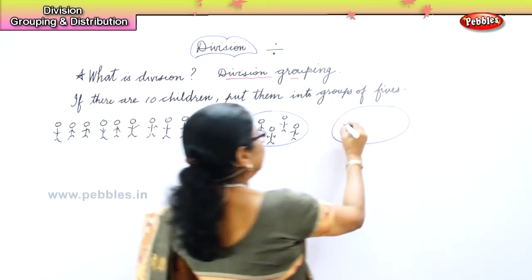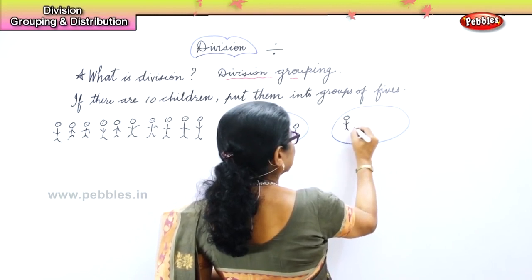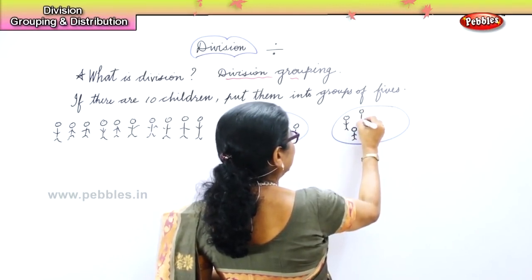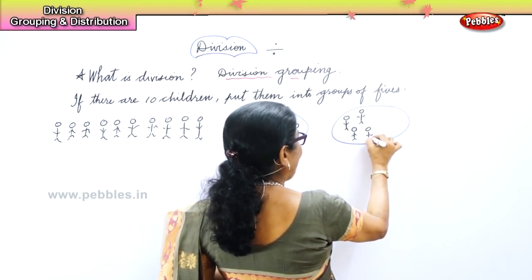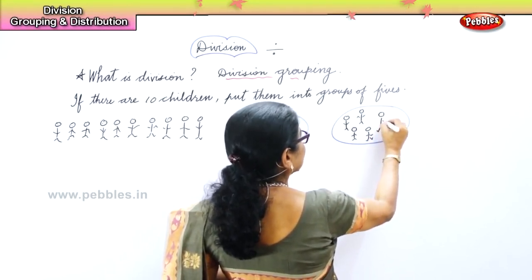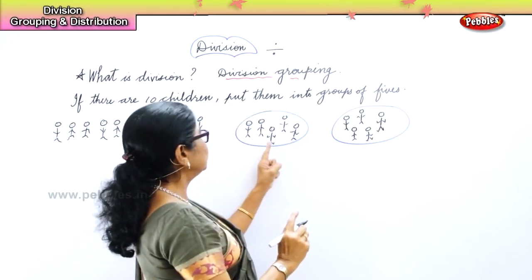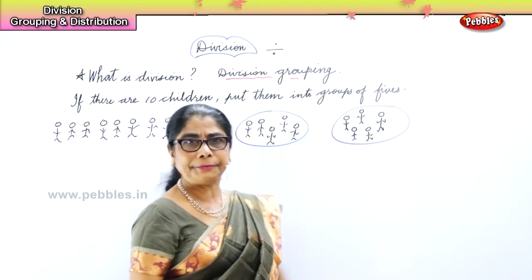Another group of 5. So the children are put into 2 groups of 5. 1, 2, 3, 4, 5. 1, 2, 3, 4, 5.